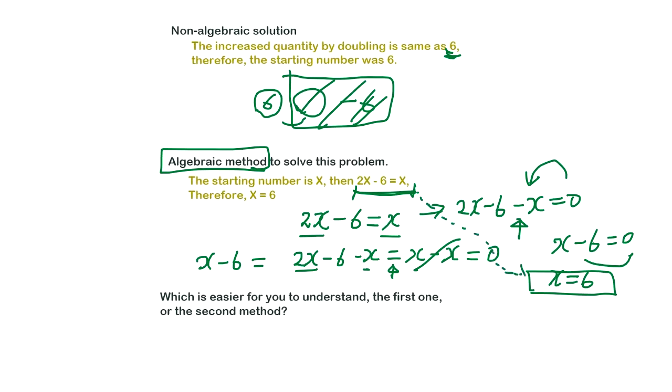You get that. Okay? You don't need insight like this. You have to think very carefully. You double it and minus 6 comes back to the same. So doubling the quantity increase must be 6. So the original is 6.